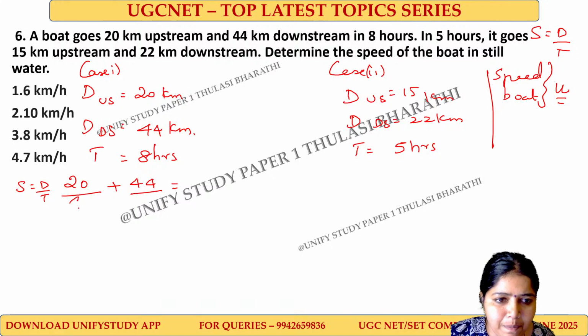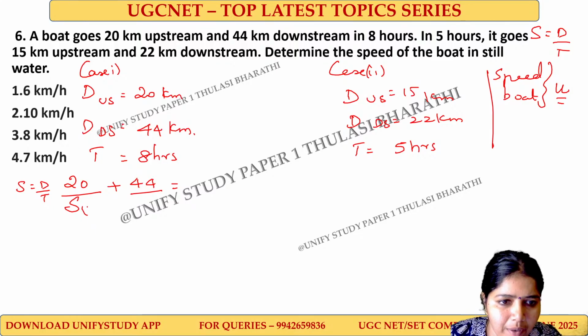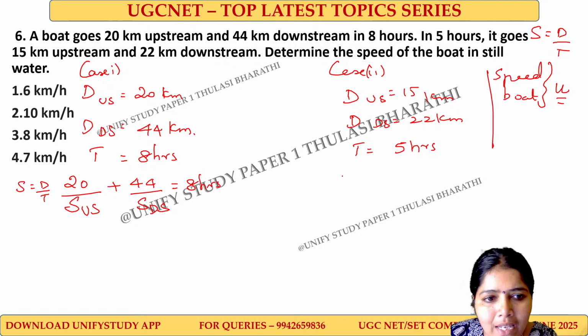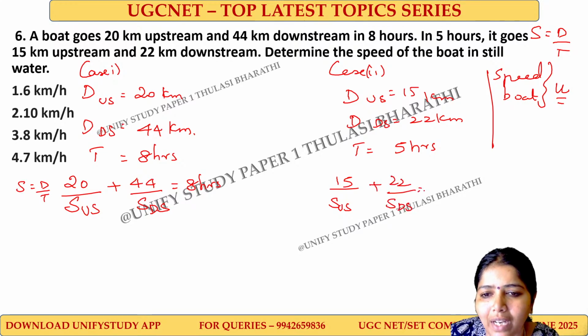This is the speed of the upstream and the speed of the downstream, and that is equal to the time taken, 8 hours. Similarly on this side we have 15 divided by the speed of the upstream plus 22 divided by the speed of the downstream, that is equal to 5 hours.